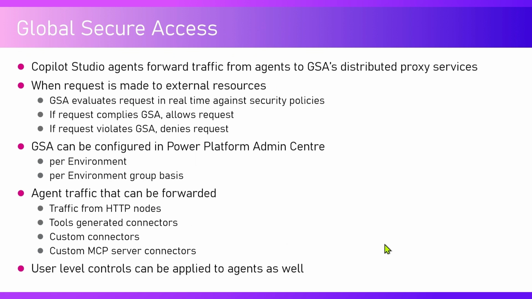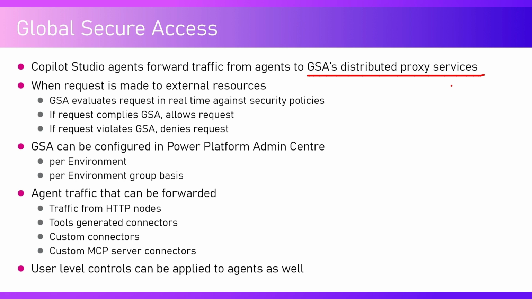So, global secure access for a Copilot Studio agent. How does the entire process work? The Copilot Studio agent forwards any traffic from the agent to the GSA's distributed proxy services. Now remember, this does not happen automatically. You need to enable some services, but once you enable those services for a specific environment, the Copilot Studio agent will forward the traffic from the agent to these distributed proxy services.